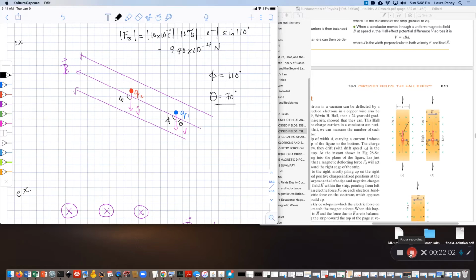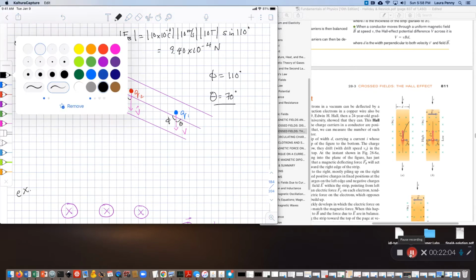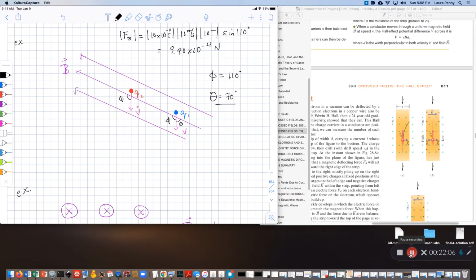Direction-wise here, again, let's think about our right-hand rule. For my first charge, with my right hand, I'm going to put my fingers along that velocity line, and then in order to have my fingers sweep towards the magnetic field line, my thumb has to be pointing into the paper, for my hand to be able to go that way.